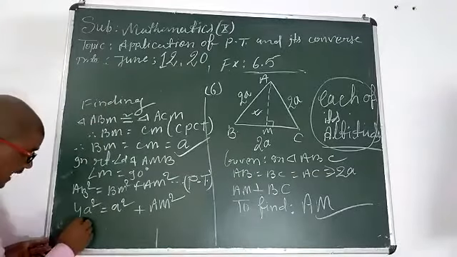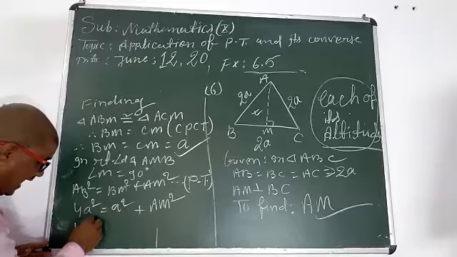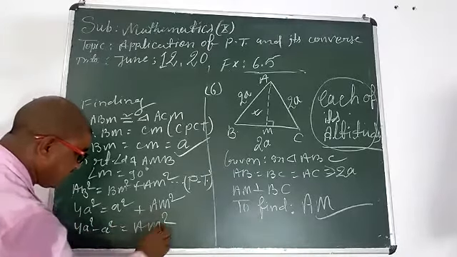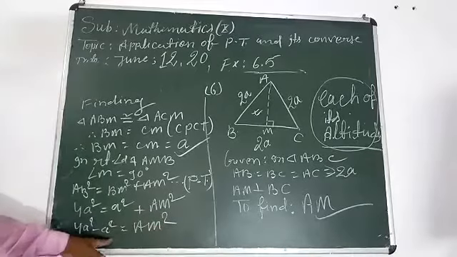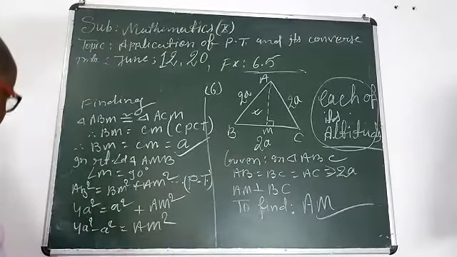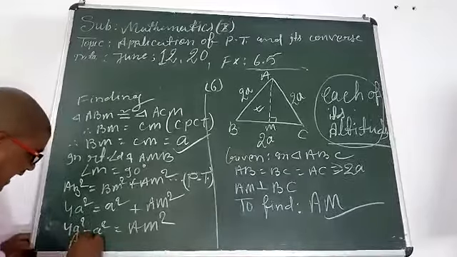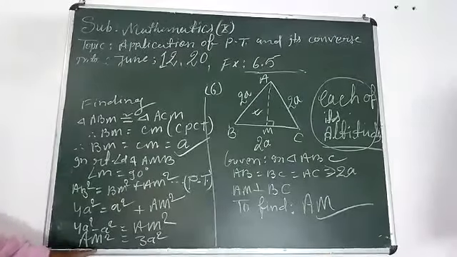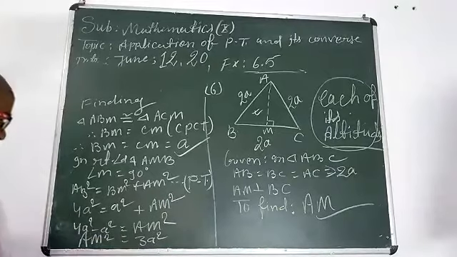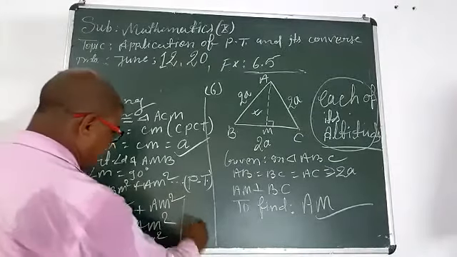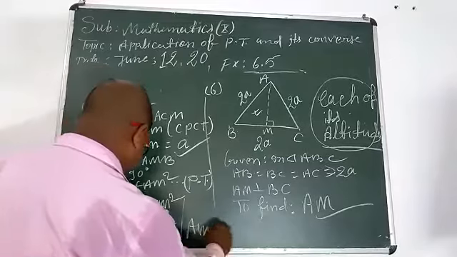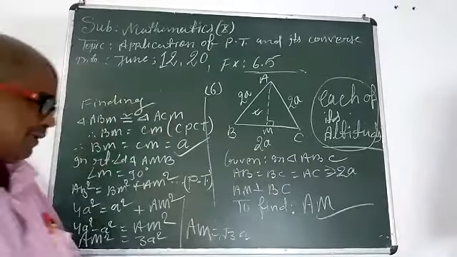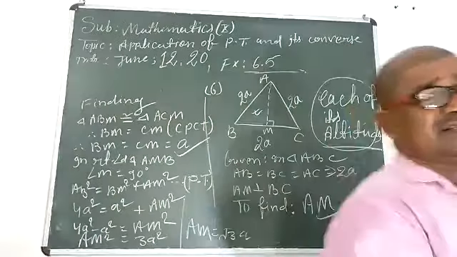Now you can simplify: 4a square minus a square equals AM square, so AM square equals 3a square, or AM equals under root 3a.